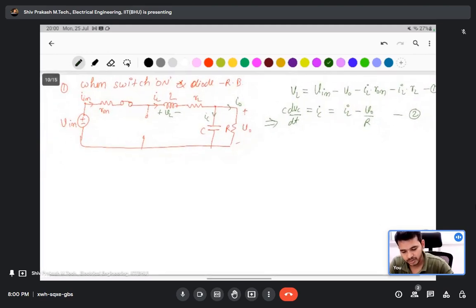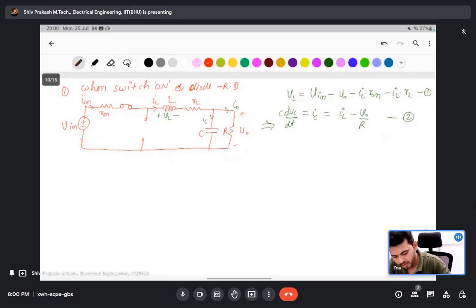This one is first, when the switch is on. Second one, when the switch is off. Then what happened? The diode will be forward biased.